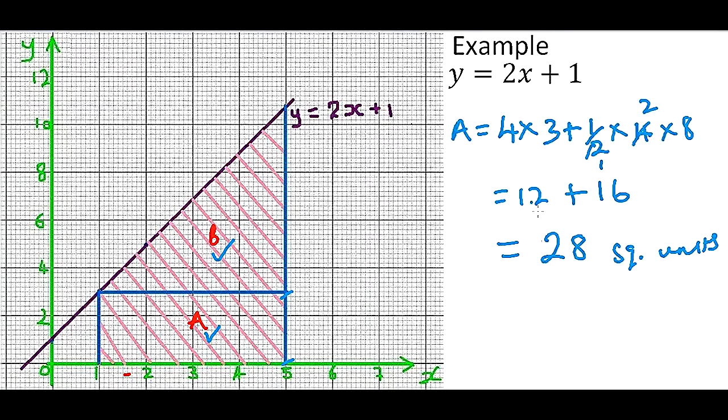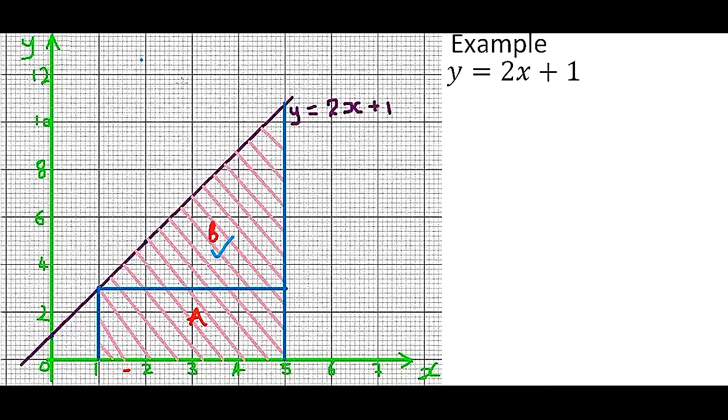Now we are going to apply the integration method and see whether we still get the same area. So using integration area, we are required to find the area under the graph. Our limits are 1 and 5. So we integrate, area is equals to the integral from 1 to 5 of (2x plus 1) dx.